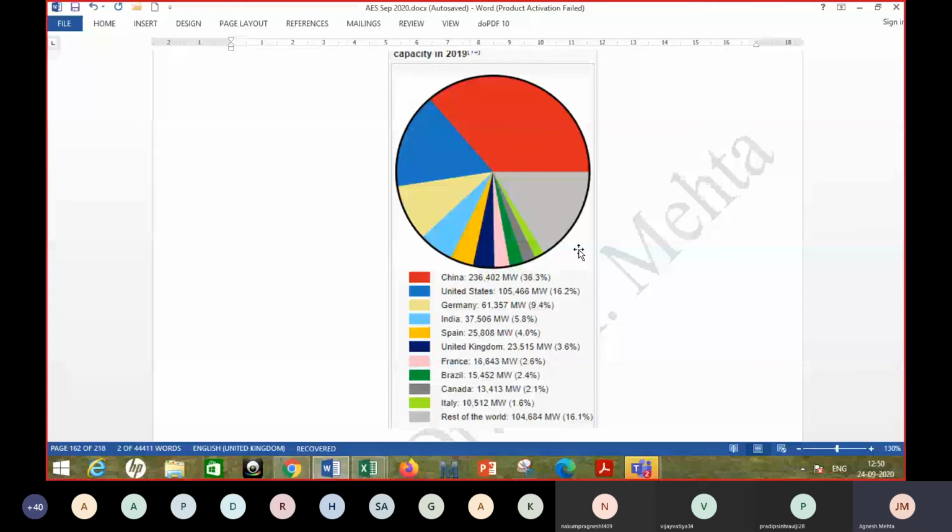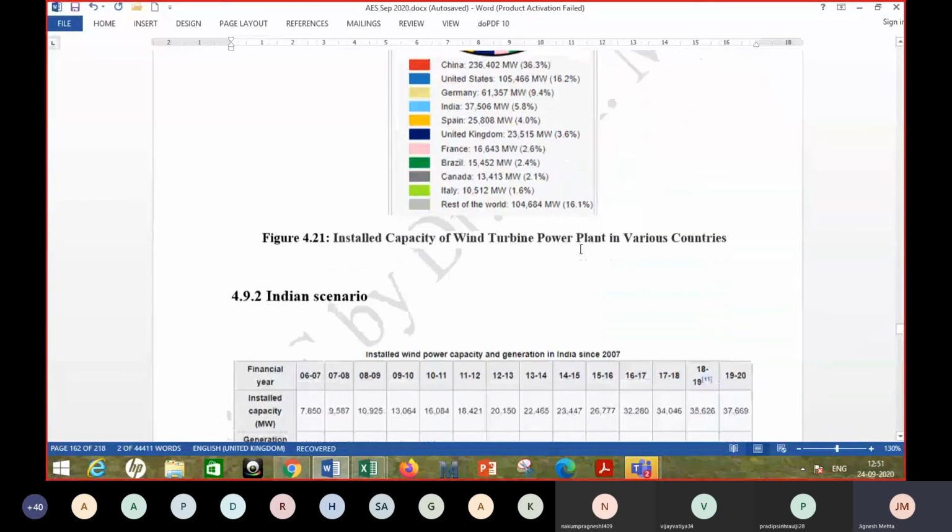And the US is at 105 gigawatt with 16%. Germany is at 61 gigawatt at 9.4%, and India is around 37.5 gigawatt at 5.8% of the total world capacity. So India is at number 4 in absolute terms in installed capacity.